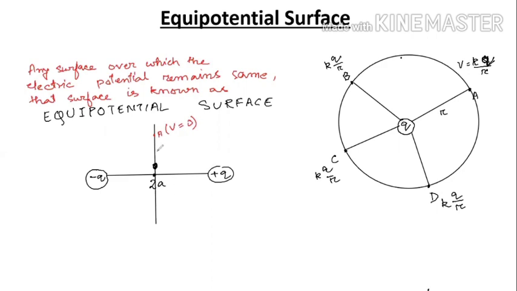Then if you assume a few more points, point B here, point C here, point D here, at every point you will have 0 potential. So you have equal potential value, even though the value is 0. At every point you have the same value, so this is also one example of an equipotential surface.